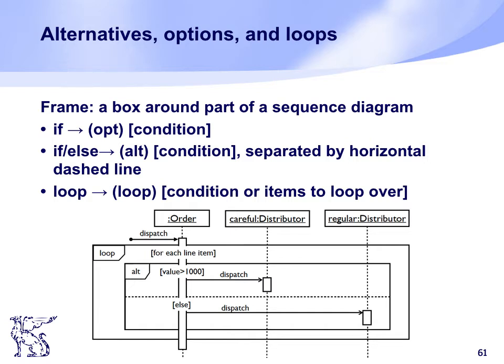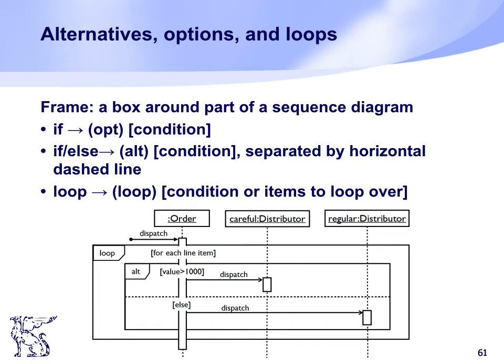Then we have another element called guard condition. That is actually the condition, like the condition of your for loop, the condition of your if else. The condition you are checking, the condition of your if or your loop, is the guard condition.